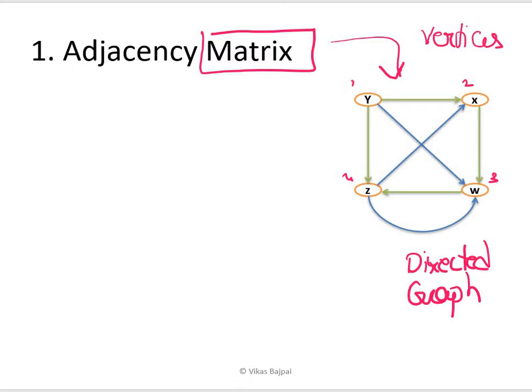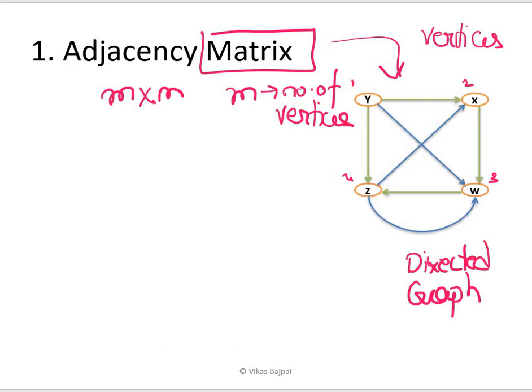The matrix we'll be getting will be a square matrix of size m cross m, where m is the number of vertices.